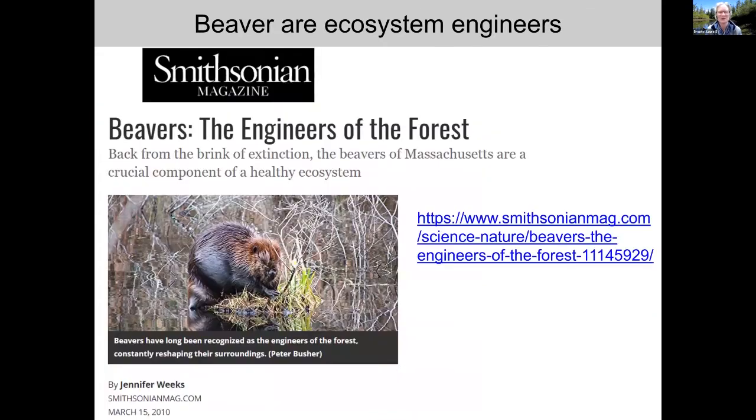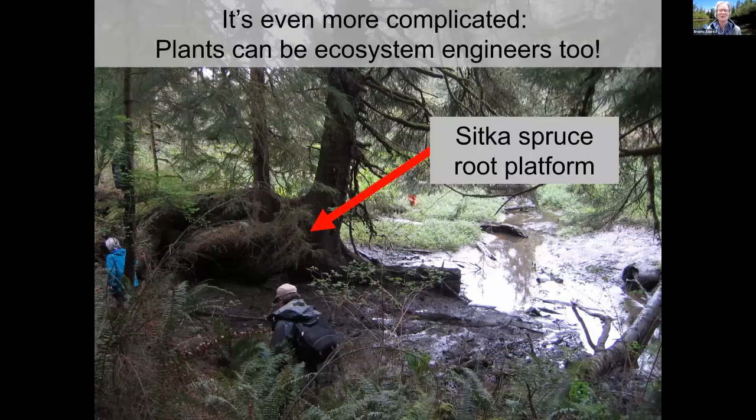And you've probably heard of beaver as engineers, and they do engineer their environment, as I mentioned. But what's interesting is that plants can actually be system engineers too. And the Sitka spruce forms a root platform. You can see at the end of this red arrow in this slide, that platform, and here's another picture.